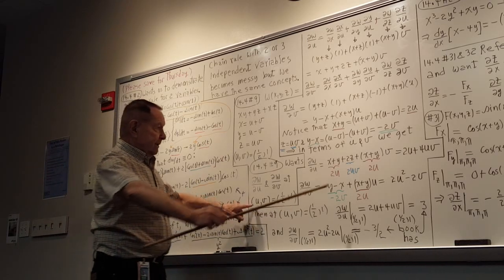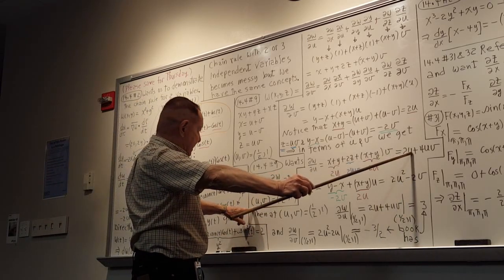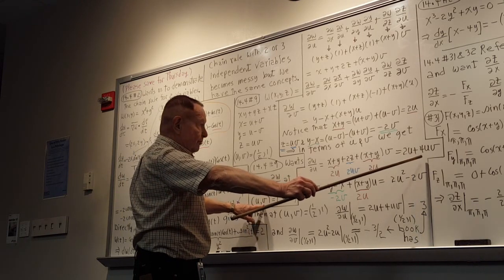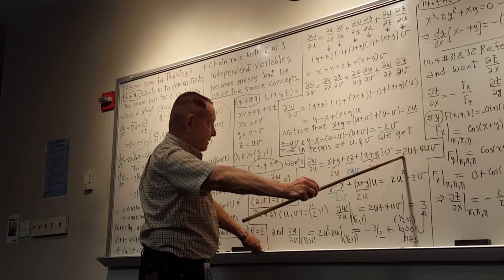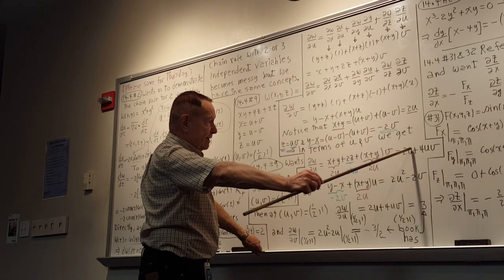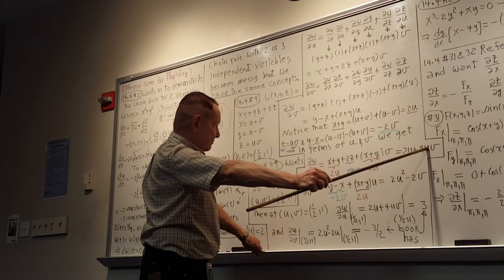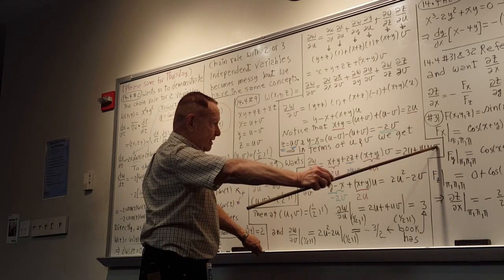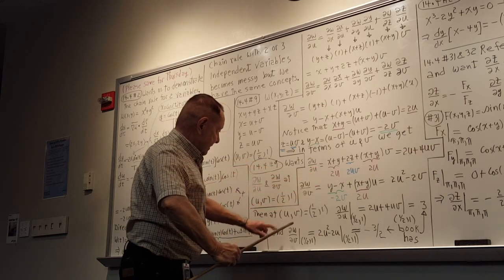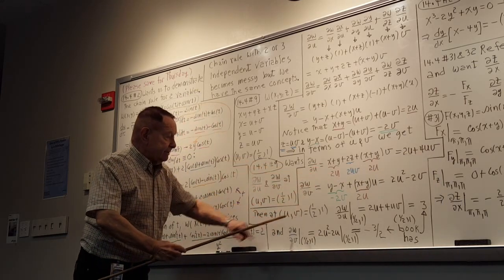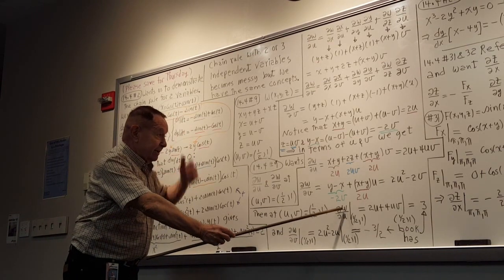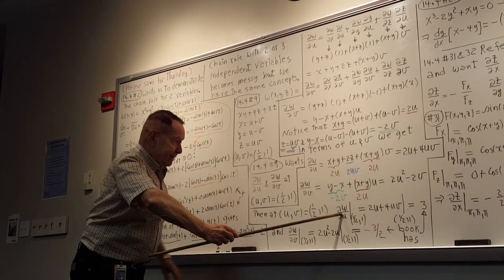So now I can take U as 1/2 and V is 1, and so I have 2 times 1/2 plus 4 times 1/2 times 1. And so that's going from here down to here.